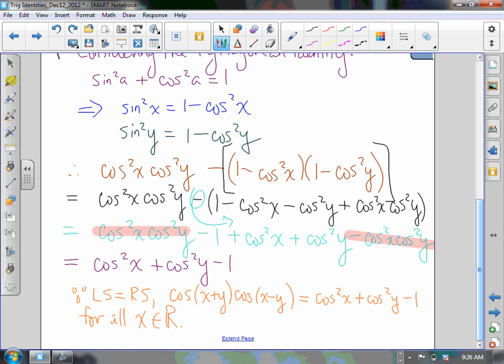There should be no values that are undefined, as we're not dividing by any cosines, sines, or tangents where we would have undefined values.